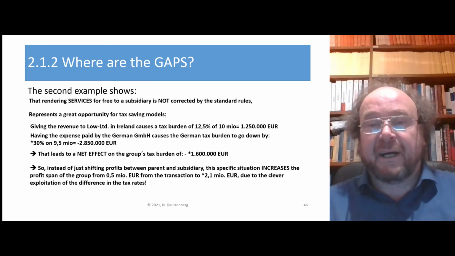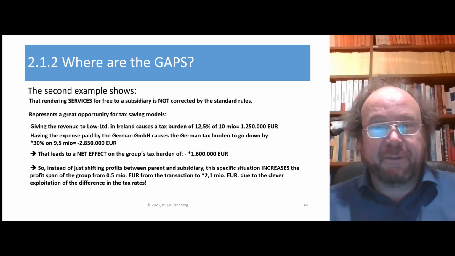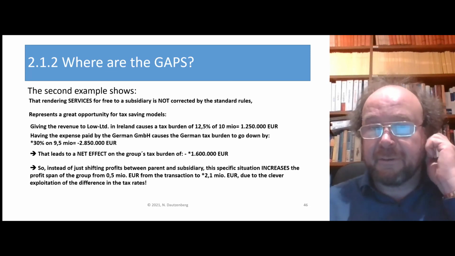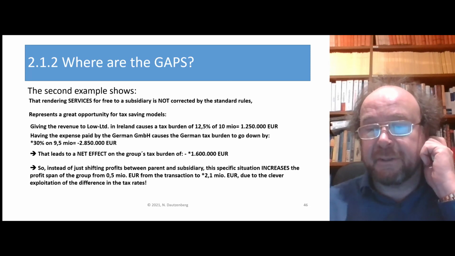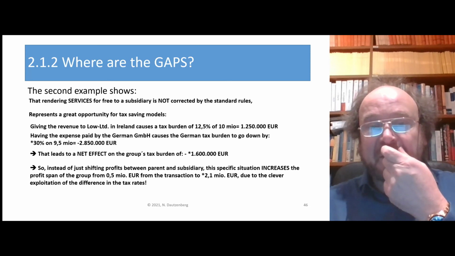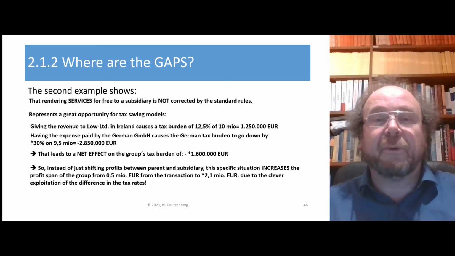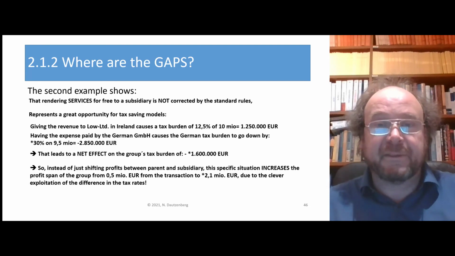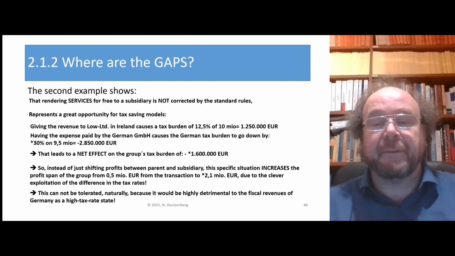So that artificial split up of revenue and expense to different jurisdictions increases the rentability of the order from 500,000 to 2.1 million, just because we have no possibility under the standard rules to correct the non-market conform behavior between parent and subsidiary company.